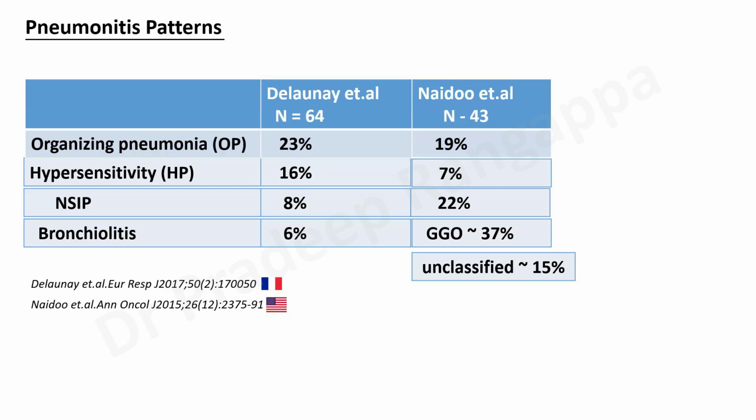So when there are ground glass opacities, remember your differentials with CLE: you have to rule out veno-occlusive disease, lymphangitis, tumor progression, and pulmonary edema. All of these can cause ground glass opacities, and that is something one needs to bear in mind.